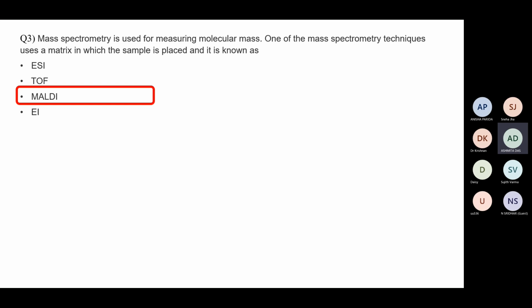So what are the main components of mass spectroscopy? Okay, I'm asking a basic question. What is the principle of mass spectroscopy and why is it used mostly?